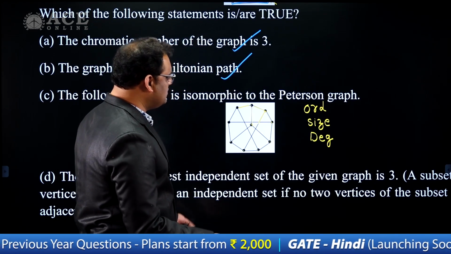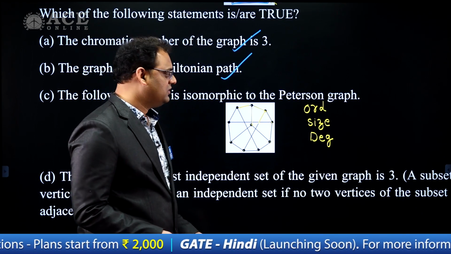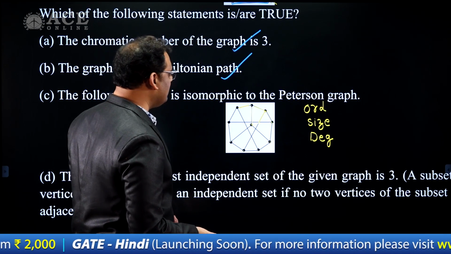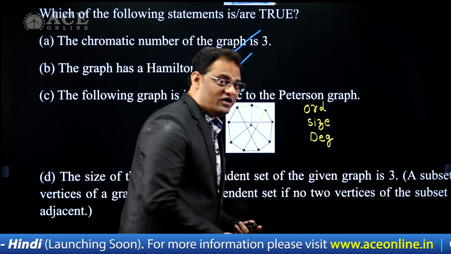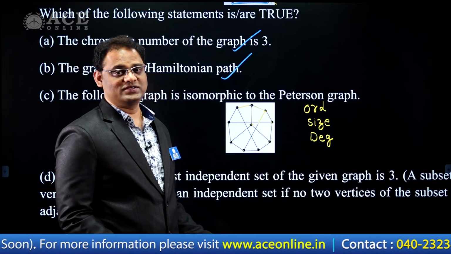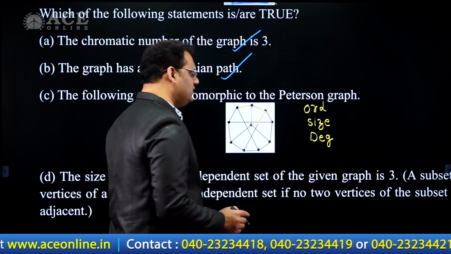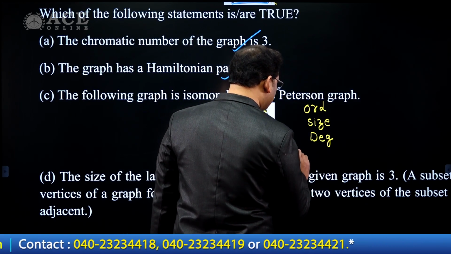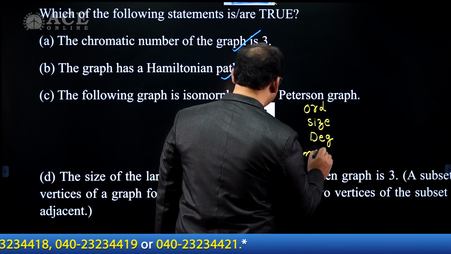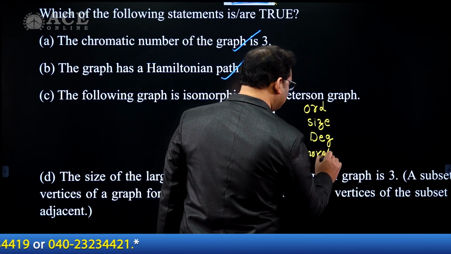And cycles are also of the same lengths. So both graphs are isomorphic in all aspects. If they were not isomorphic, we could show the reason. They are isomorphic in all aspects, so this third statement is also true.